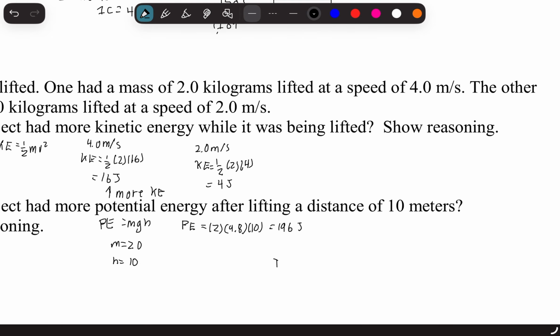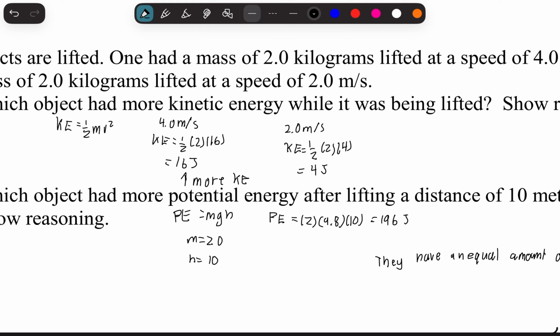So they have an equal amount of energy because they have the same mass. Because potential energy only accounts for mass, they're both going to have a mass of 2.